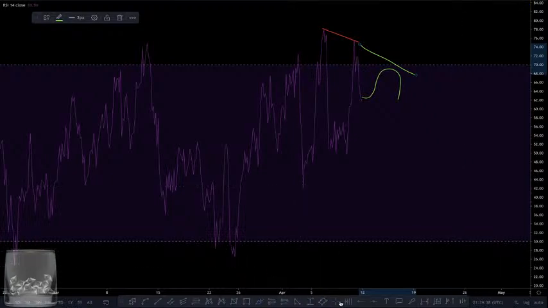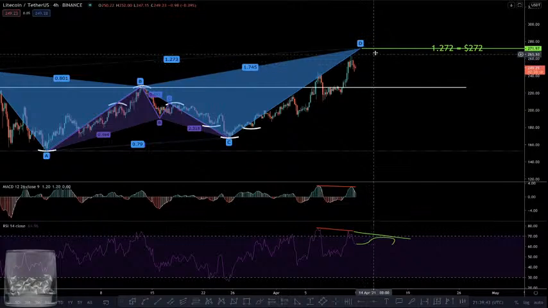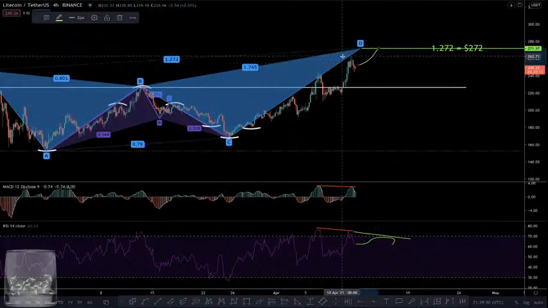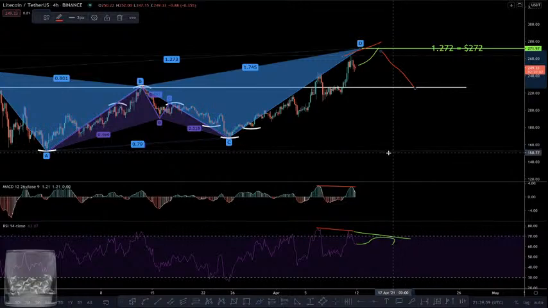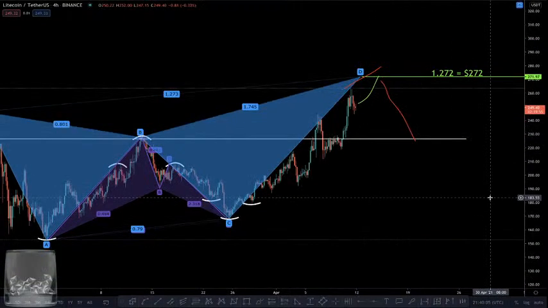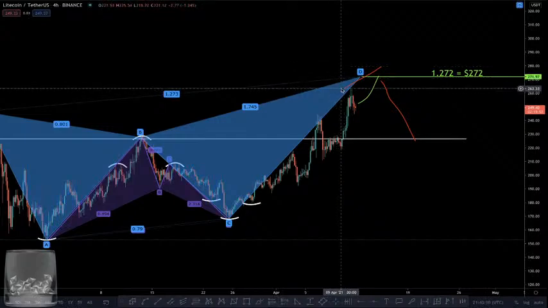Okay, so we could see that, and what that would allow us to do is barely run up one more little time and hit this area, and it would put in almost a third little small island, hit this divergence here, and that would be a red divergence there, and then that's where we could see the sell-off on the backside, right? Back testing that area again. But right now, yeah, 1272 at 272. I think 272 is almost a lock here.